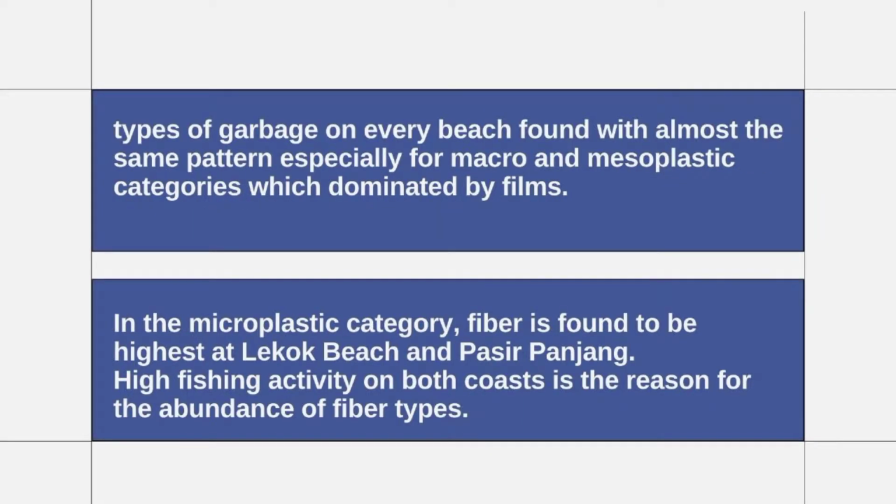The type of garbage on every beach was found with almost the same pattern, especially for the micro and mesoplastic categories, which are dominated by film. In the microplastic category, fiber was found to be highest at Lekok Beach and Pasir Panjang Beach. High fishing activity on both coasts is the reason for the abundance of fiber types. Fiber can come from the use of fishing nets and rope, as found in the research of Iges et al., Giasanta et al., and Dora and Devi Priya.